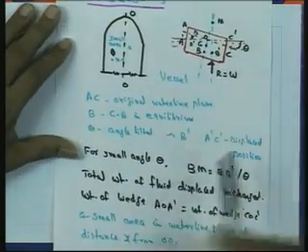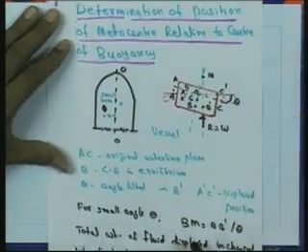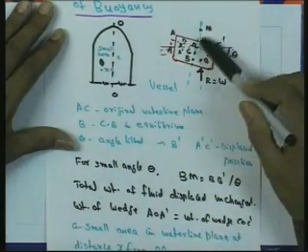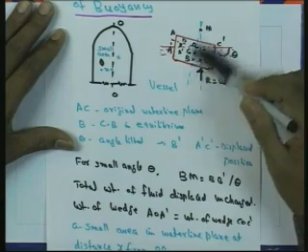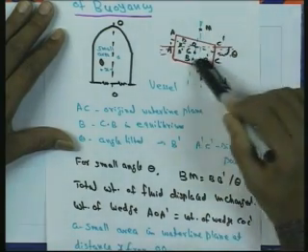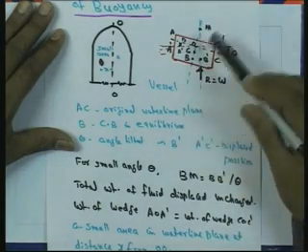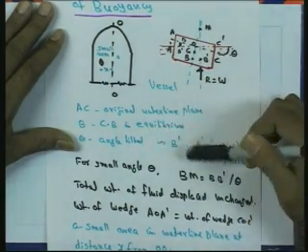For small angle theta, as shown in this figure, we can write BM, this distance, as BB dash divided by theta, when the angle of tilt is very small.